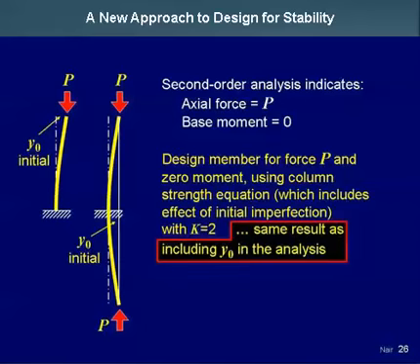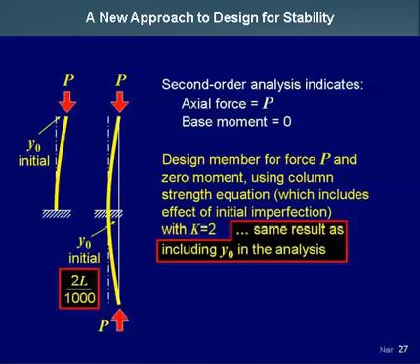And this is really the same as the actual cantilever with some out of plumbness and initial curvature. So in a very roundabout way, you have in effect analyzed and designed your actual structure, which is out of plumb, even though you didn't explicitly consider it. And even the numbers work out, because the amount of out of straightness implicit in the column strength equations is about the length over 1,000.